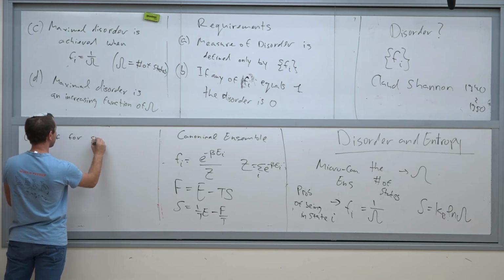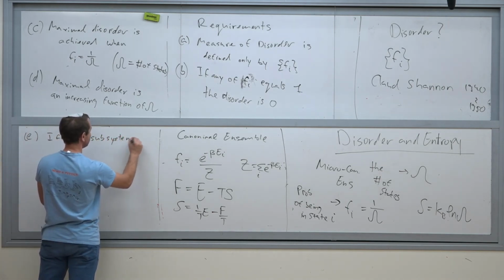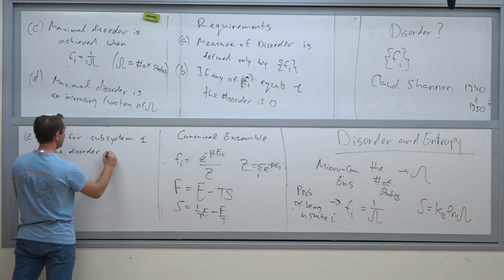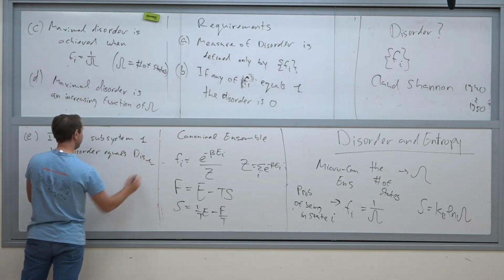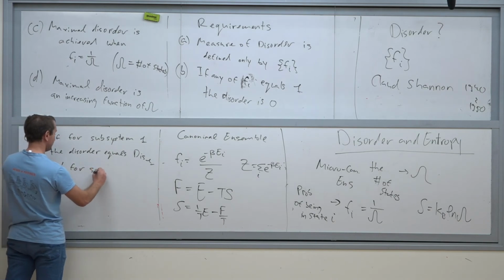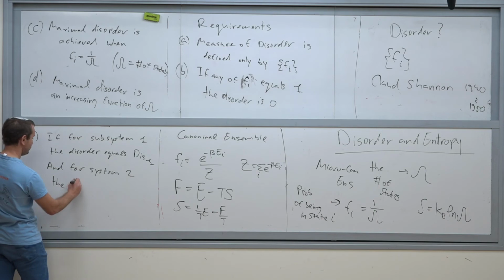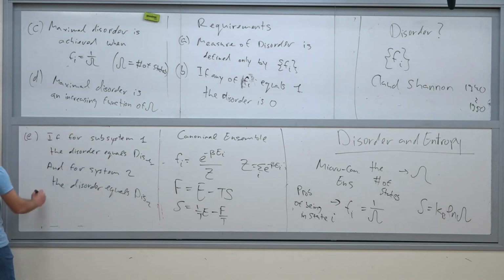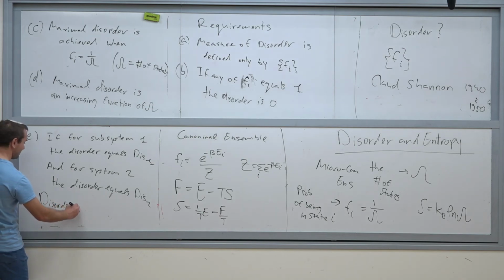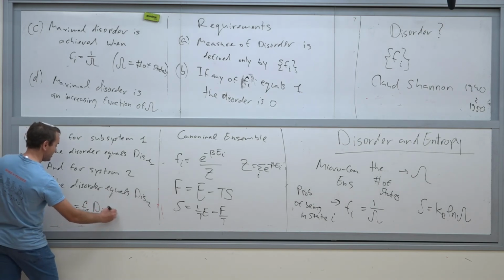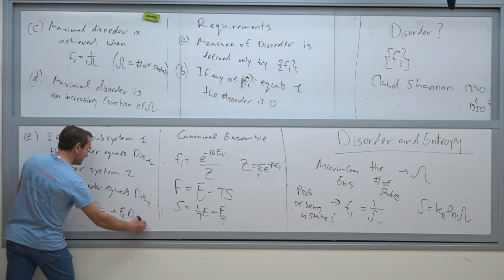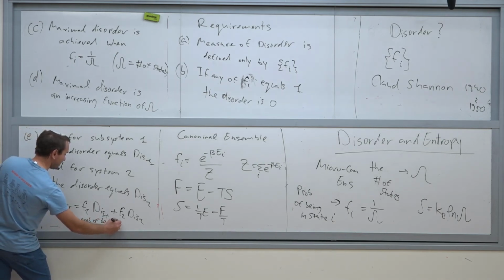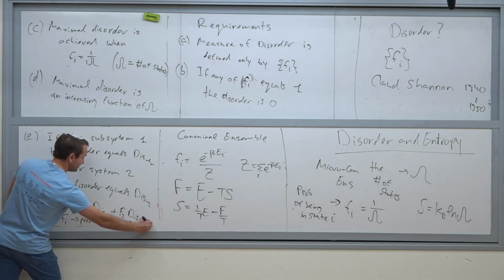If for subsystem 1 the disorder equals this one, and for subsystem 2 the disorder equals this two, then the total disorder equals f1 times this one plus f2 times this two, where fi is the probability of being in subsystem i.